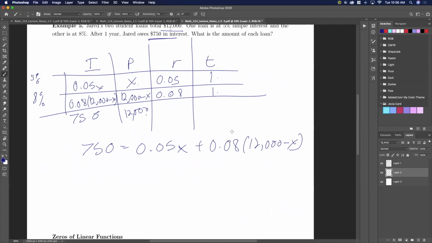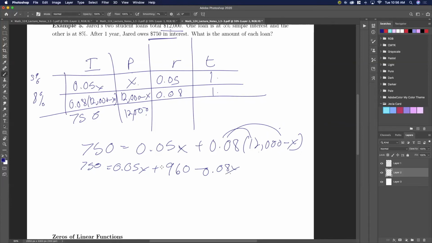All right, so let's crunch this through. Let's move this in. So here I'll have 750 equals 0.05x plus 0.08 times 12,000. I have this one pre-done in front of me, so 0.08 times 12,000 is 960, minus 0.08x.